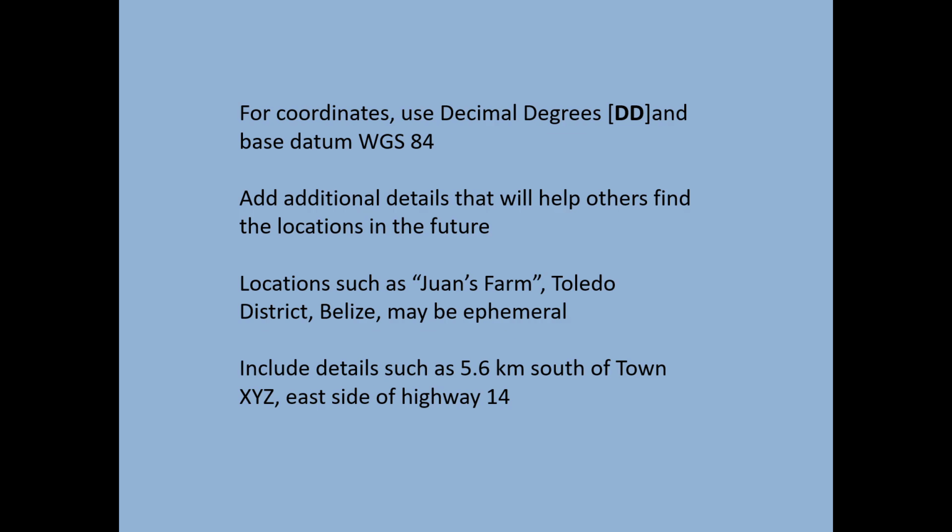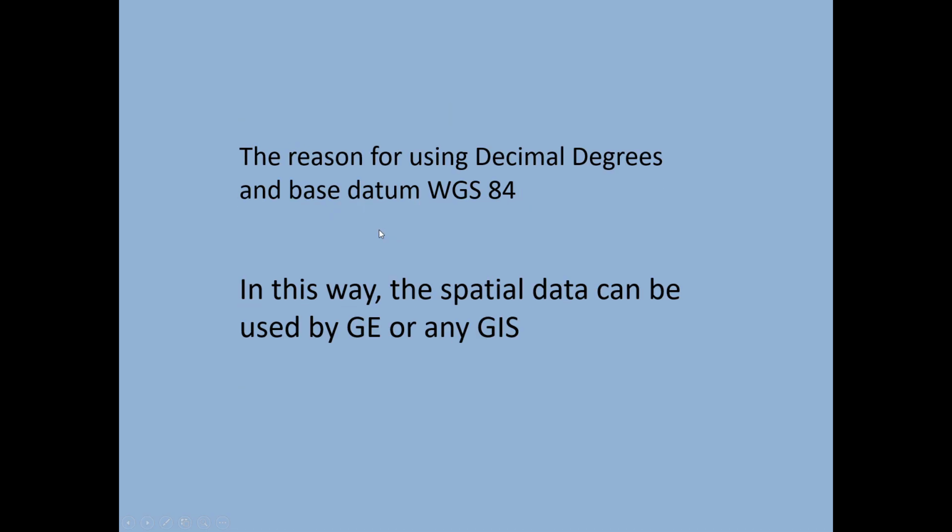However, 10 years from now, will Juan still have that farm? Will anybody know who Juan is? So it's important to include details of where that was, such as 5.6 kilometers south of some town on the east side of the highway. That way you have details where it can be found in the future.